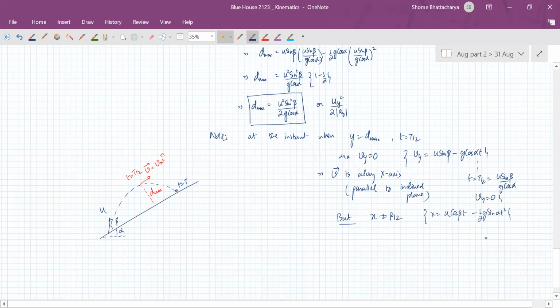Because there is this second term, x is no longer linear. x is not directly proportional to time. So at half time, the value of x will not be half the range. This is just another property to keep in mind.